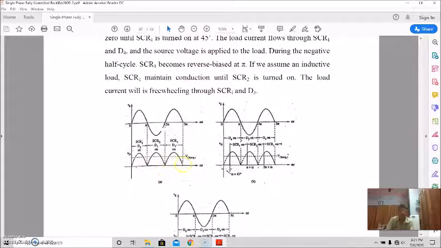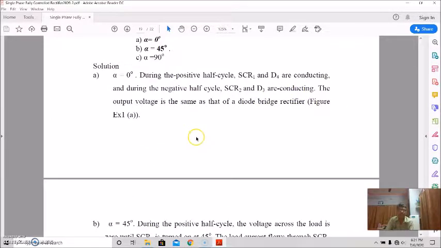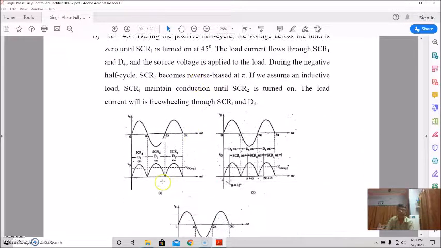It is basically a full wave diode bridge waveform. For the positive half, SCR1 and D4 conduct, and for the second half SCR2 and D3 are in conduction. So this will be the output waveform.